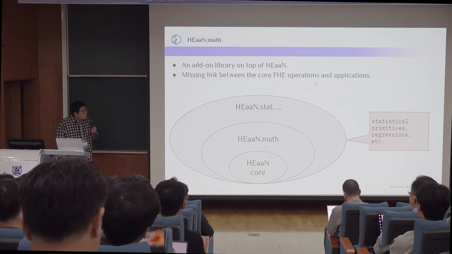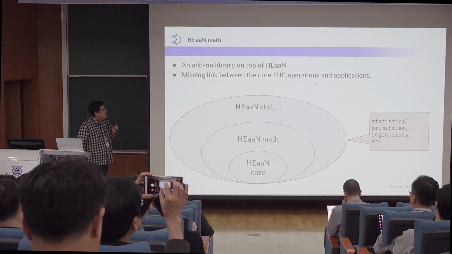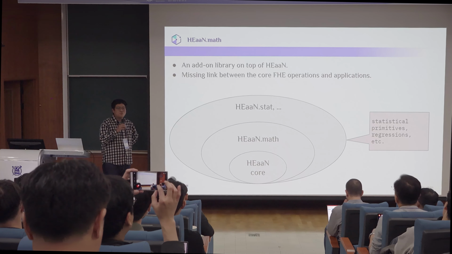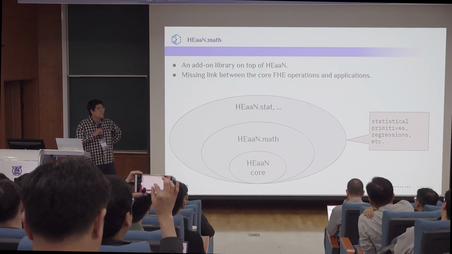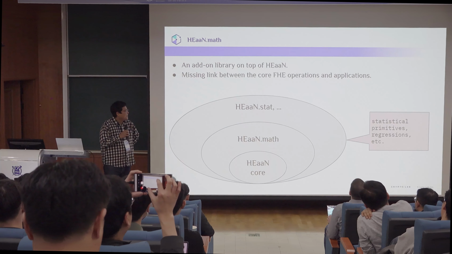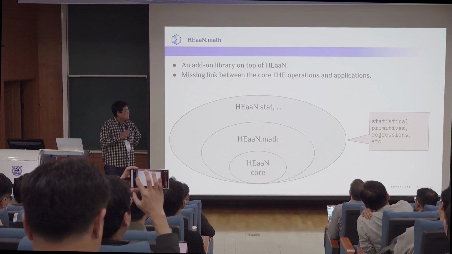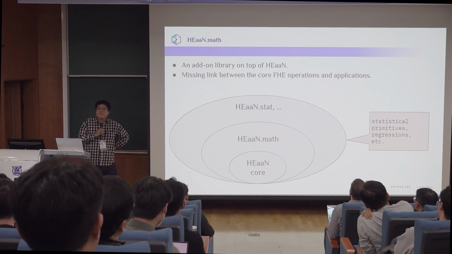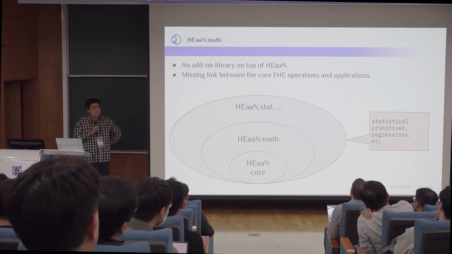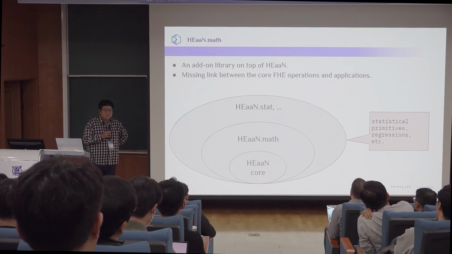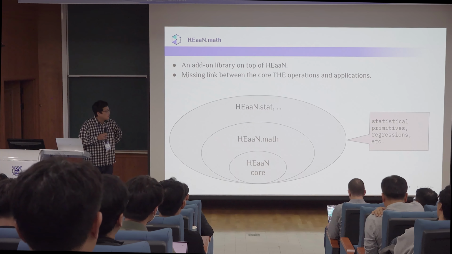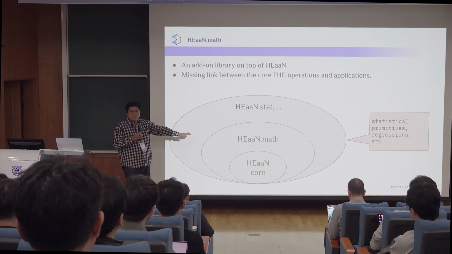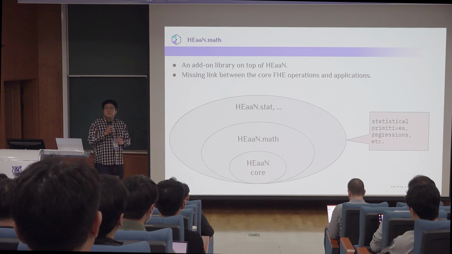And on top of that again is HEaaN.Stat. It's a kind of spoiler alert, because tomorrow it will be formally announced. HEaaN.Stat of course provides statistical primitives such as mean values, variances, covariance and so on. So from the perspective of the developers of HEaaN.Math, we are in a kind of middle ground.